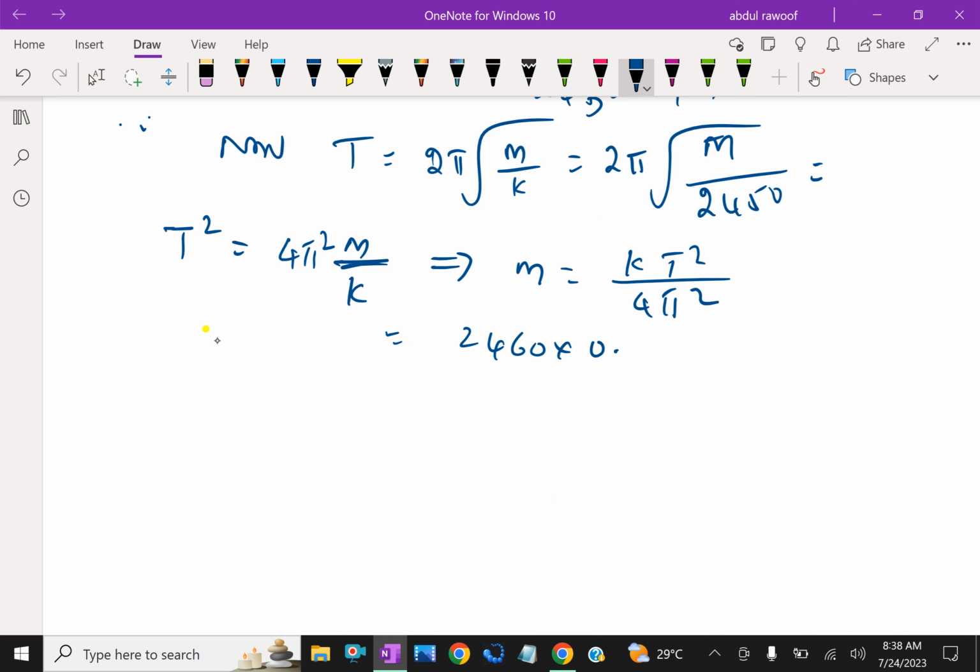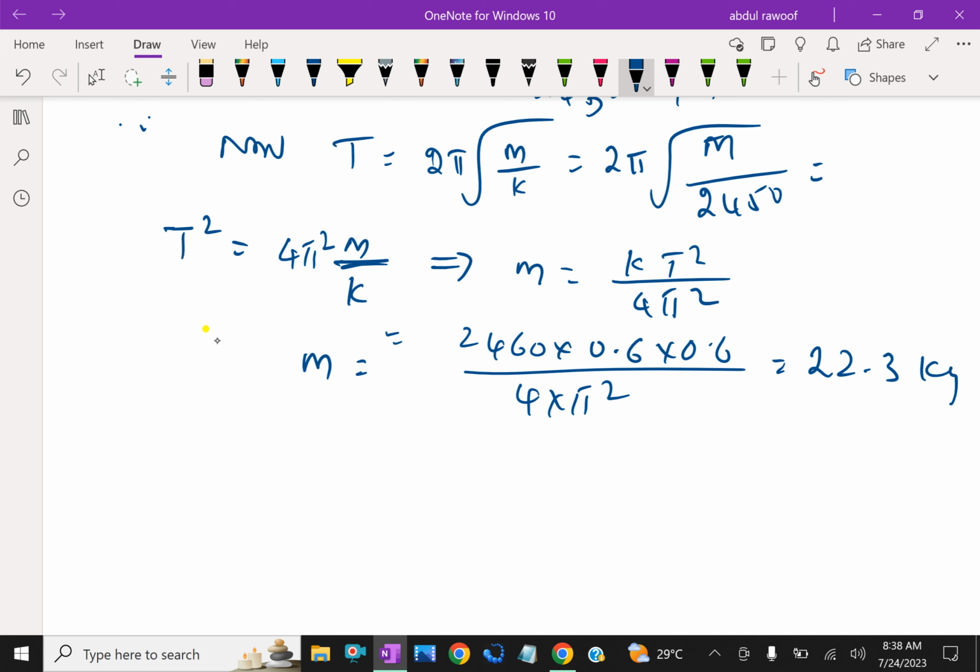T value is 0.6 into 0.6 over 4 pi square, which gives m. So after simplification, m is 22.3 kg.